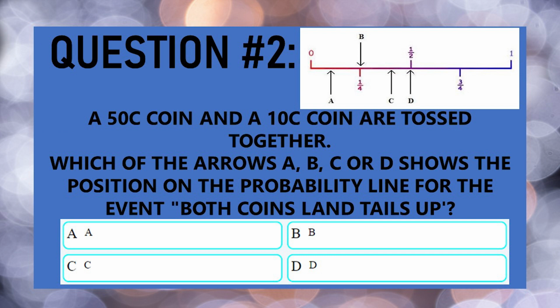Question number 2. A 50-cent coin and a 10-cent coin are tossed together. Which of the arrows A, B, C, or D shows the position on the probability line for the event both coins land tails up?